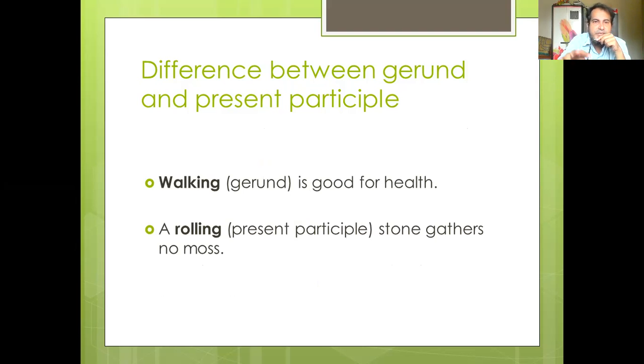So from these two examples, this is very clear to you. I hope that you have got the notion of gerund and present participle, and you'll practice more at home and do more exercises on these topics.